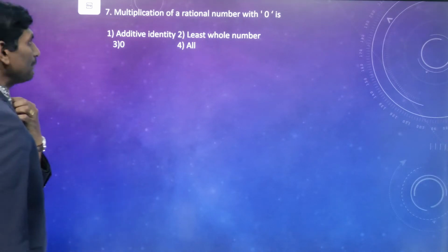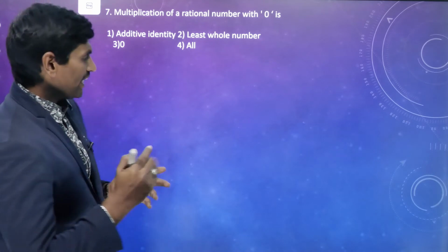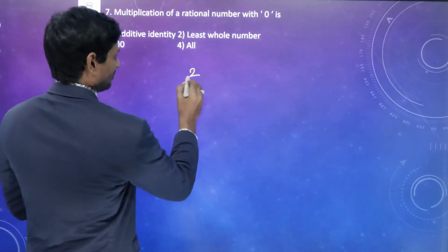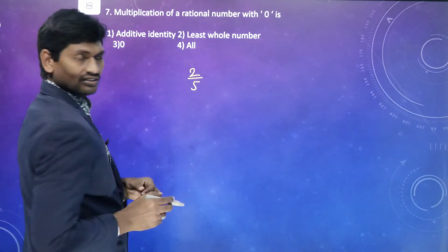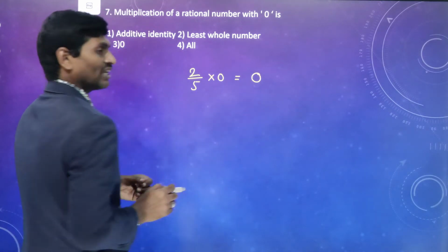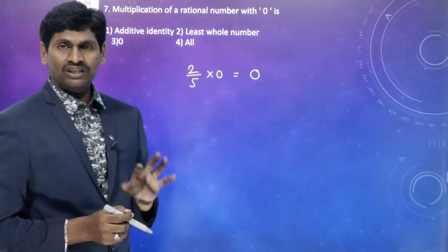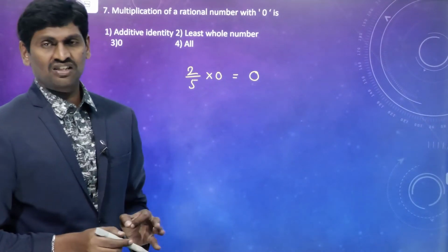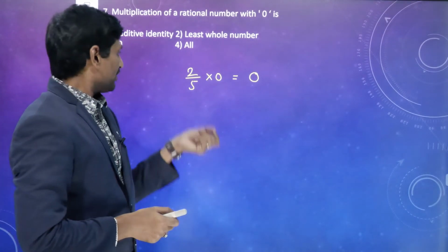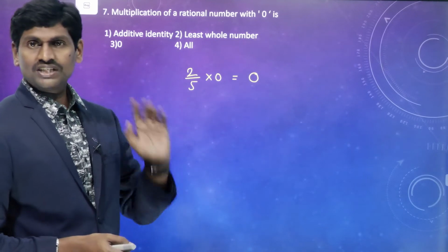Multiplication of a rational number with 0. If you take any rational number, 2 by 5, multiply with 0, what is the answer? Not only a rational number, if you multiply any number, whether it is a real number or integer, rational or irrational, when you multiply with 0, the answer is obviously 0 itself.